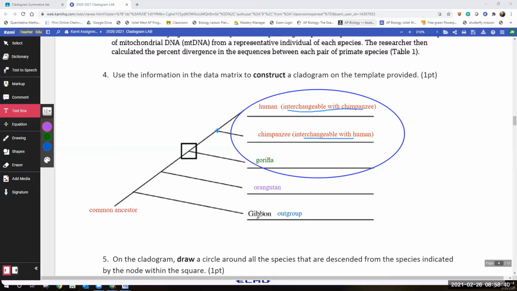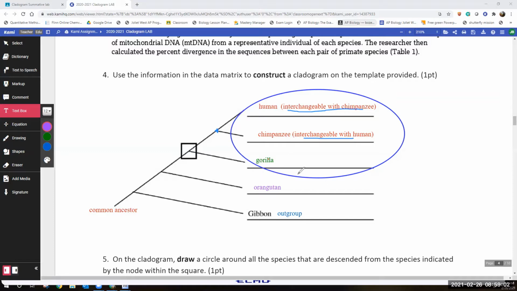So we determine the outgroup by the one that has the most differences, and we can determine which organisms should be closely aligned to one another based on their similarities. And now we have to determine, how do we know that the gorilla is going to be closer to the human and the chimpanzee and not the orangutan?